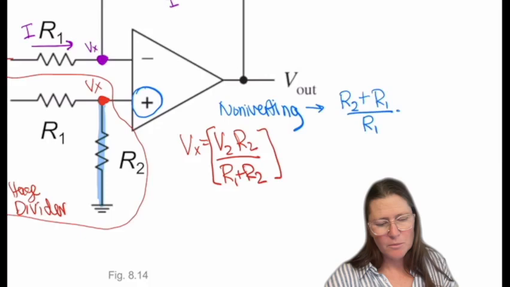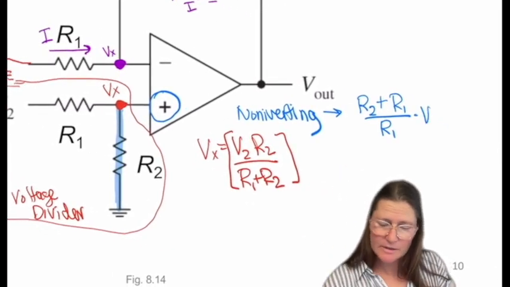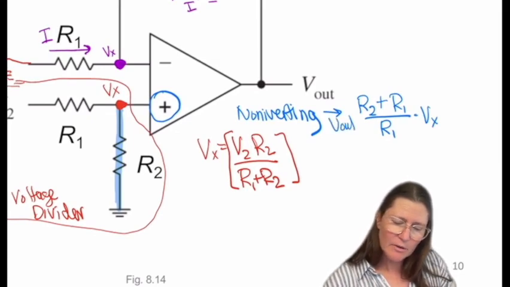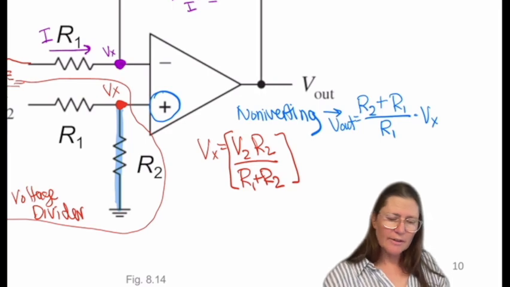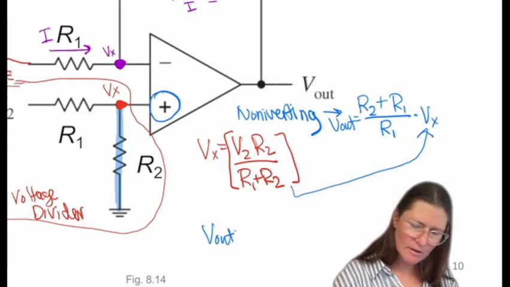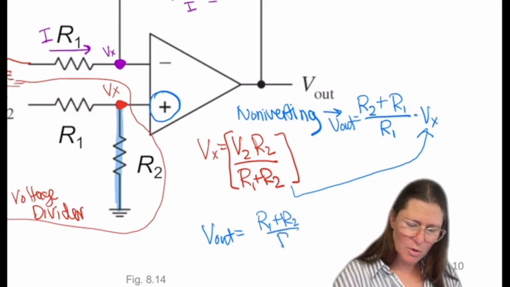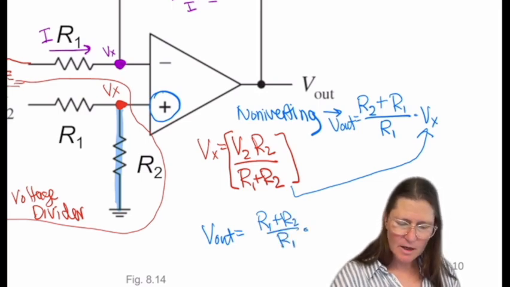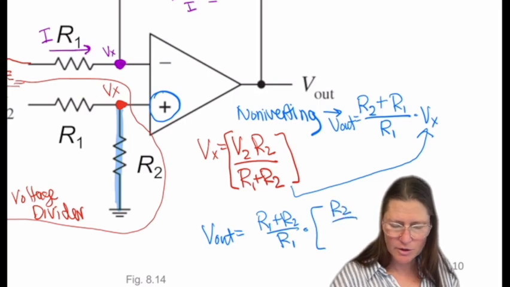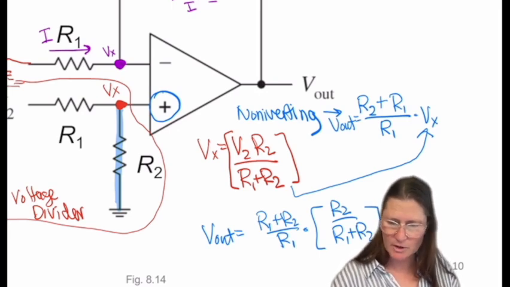So input in this case is Vx, and this will be V out. And Vx then is here. So your total V out for this one is R1 plus R2 over R1 times R2 over R1 plus R2 times Vx, or times V2, sorry.